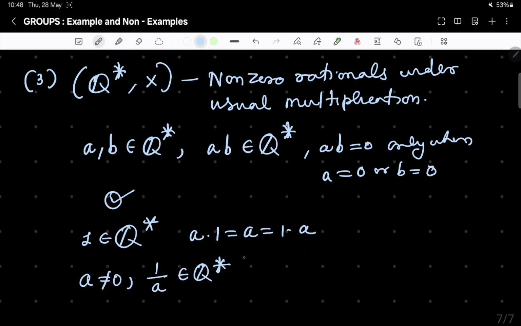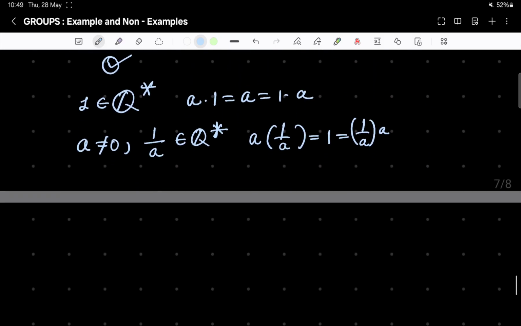So 1 by A is an element in Q star. If you multiply A by 1 by A, you get the identity back. Similarly, 1 by A times A is also 1. So every condition follows. So non-zero rationals under multiplication is a group.